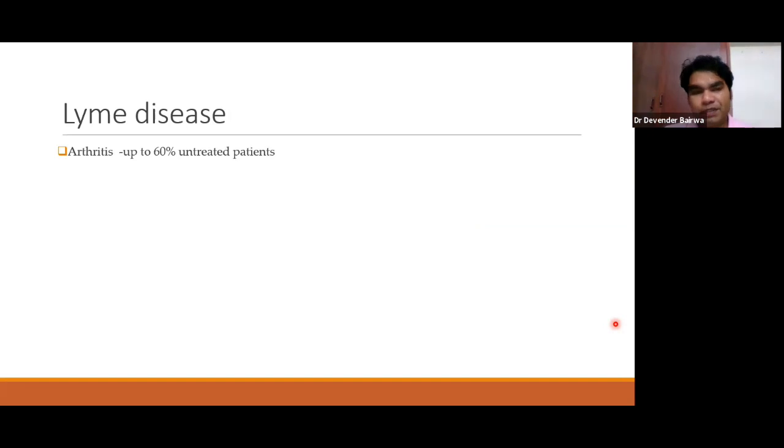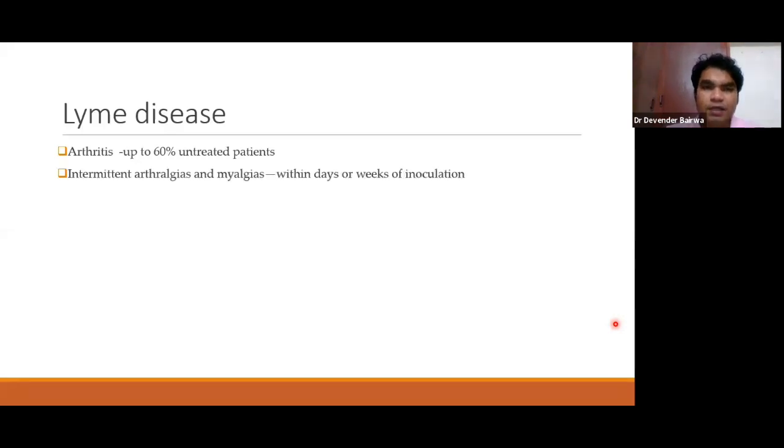If you don't treat the patient, then up to 60% of untreated patients can show arthritis in one form or another. When infection occurs within days or weeks of inoculation by this Ixodes tick, there will be intermittent arthralgia and myalgias, but true arthritis will develop only in 60% of patients. So this is the Ixodes tick, which is responsible for inoculation of the bacteria into the blood.